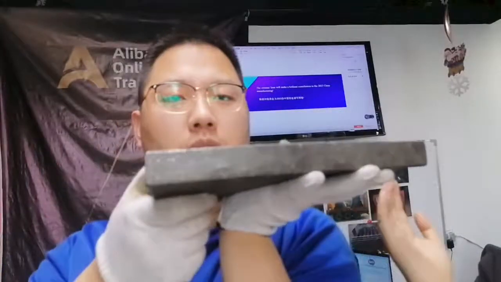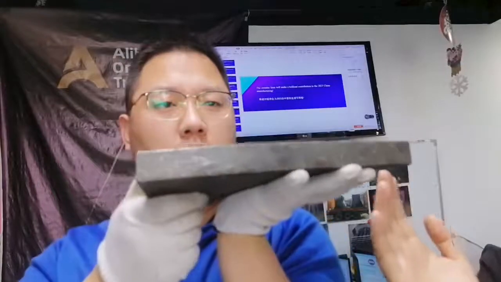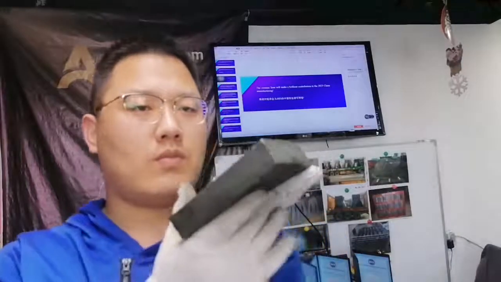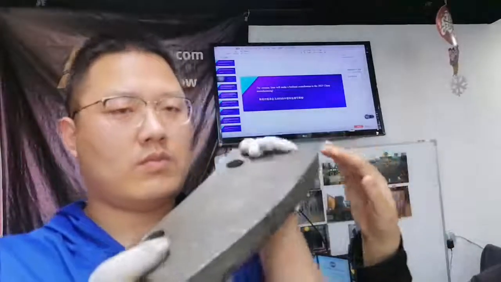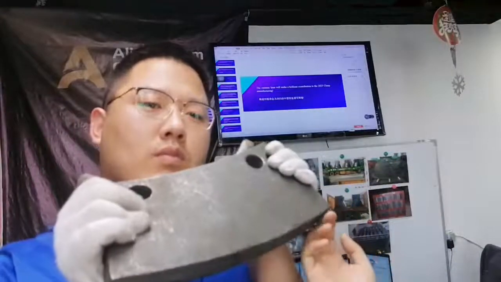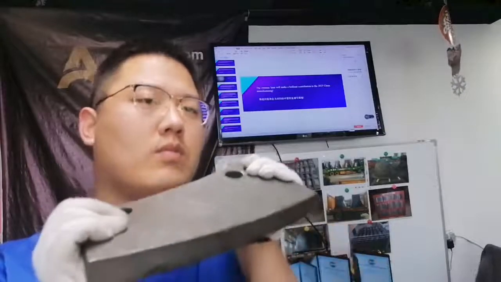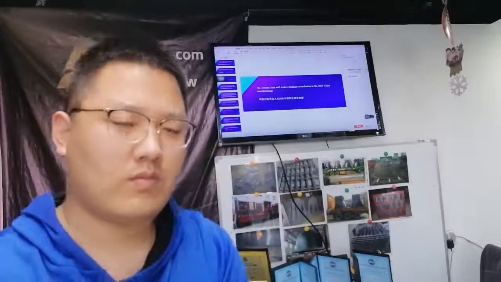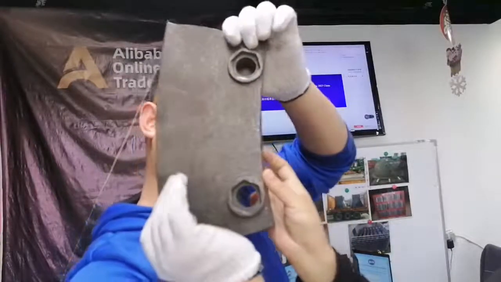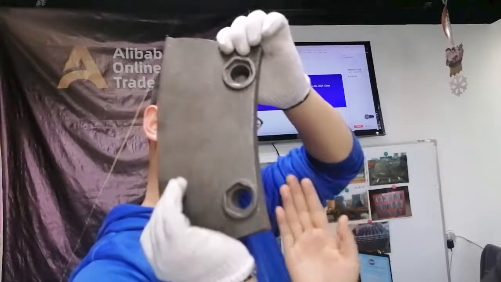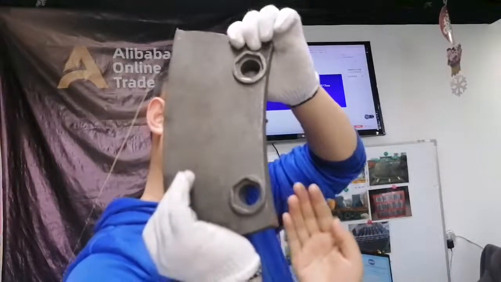Because in just 22 days, the whole set of wear blades will be replaced, because all these areas are worn out and cannot be used. So the working condition is very severe. This is 32 millimeter thick, but just 22 days are worn out.